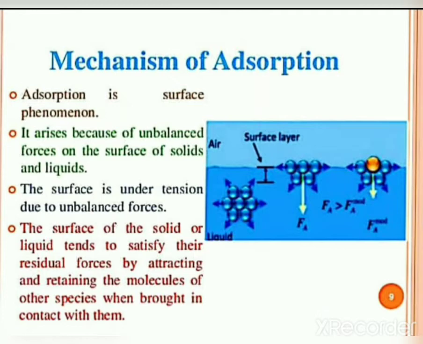Now, you know that for an exothermic reaction, delta H is negative. Delta H means the enthalpy of adsorption. Since during adsorption heat energy is released, delta H is negative. Now consider the Gibbs-Helmholtz equation. According to the Gibbs-Helmholtz equation, delta G is equal to delta H minus T into delta S. The sign associated with delta H is negative.